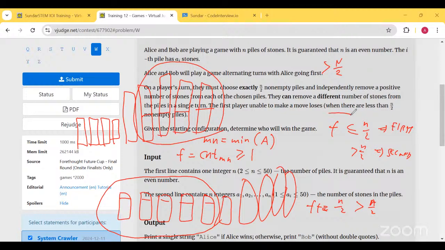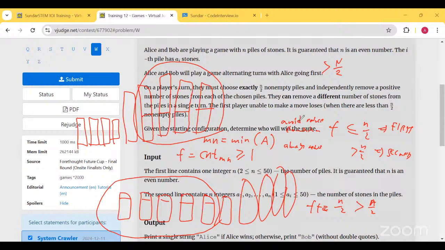So in this case, just avoid reaching the minimum. And then the next player always reaches the minimum.